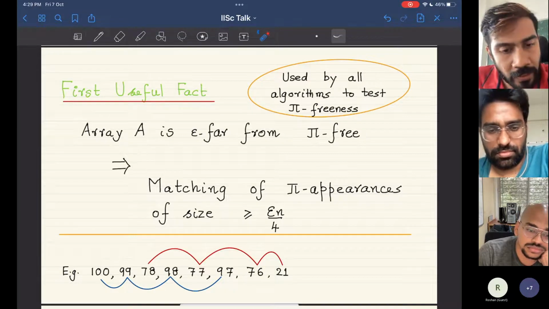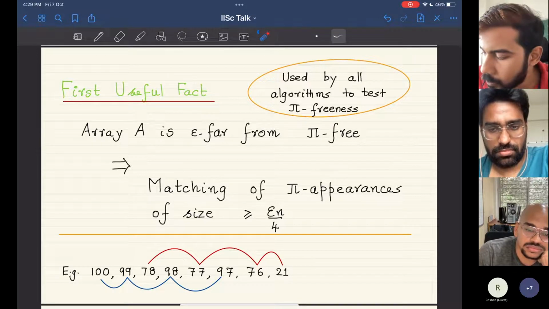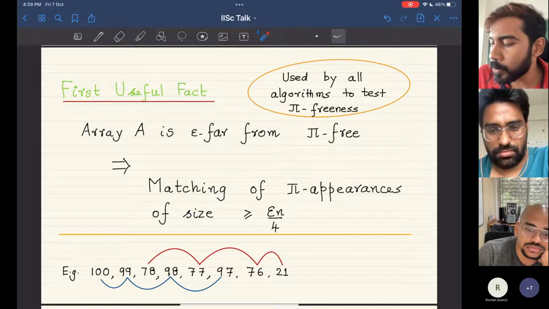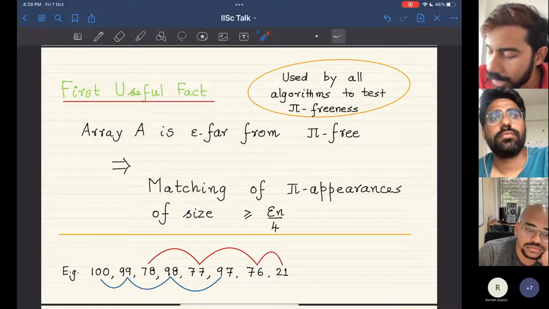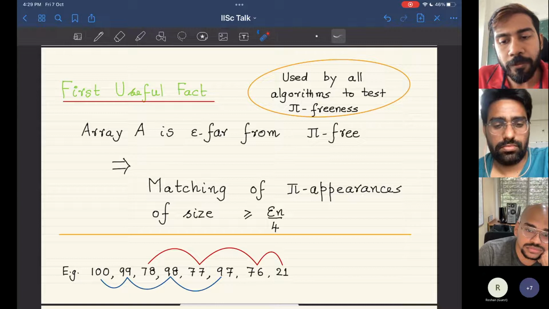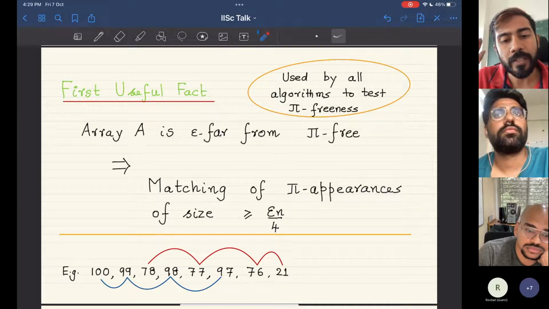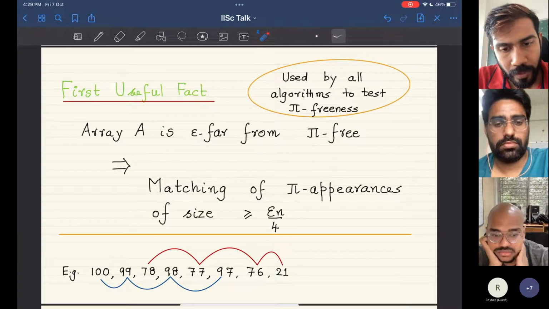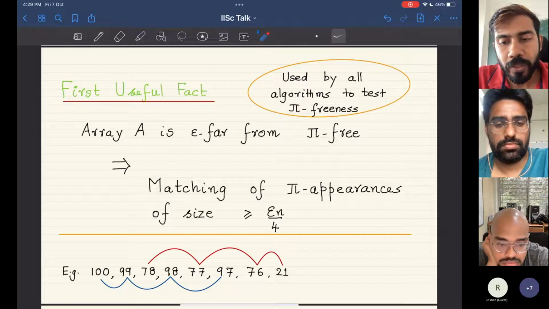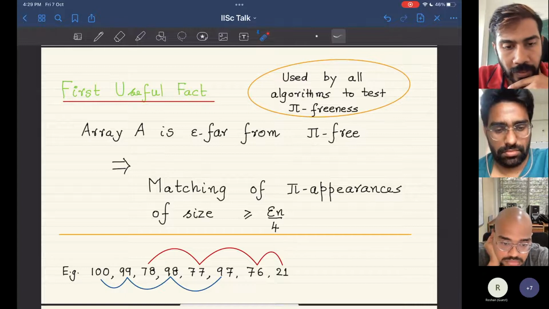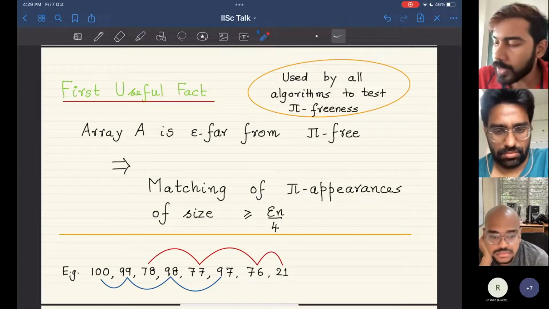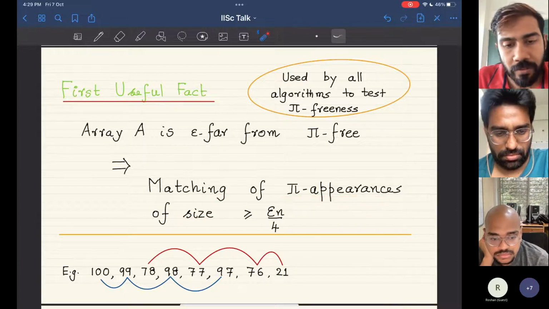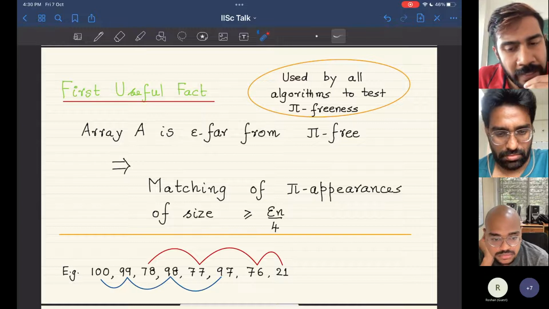But these don't intersect, right? They don't share any indices. So we say that this array contains a matching of 4, 3, 2, 1 appearances of cardinality 2, or rather at least 2 such appearances. So I hope it is clear what I mean by a matching of pi appearances of cardinality at least epsilon n over 4. Is it clear?